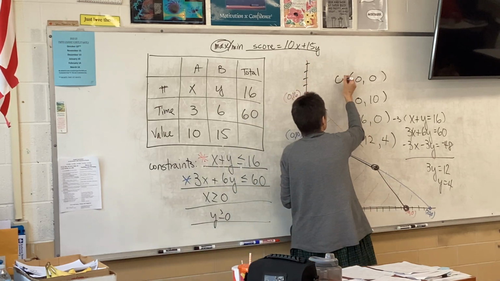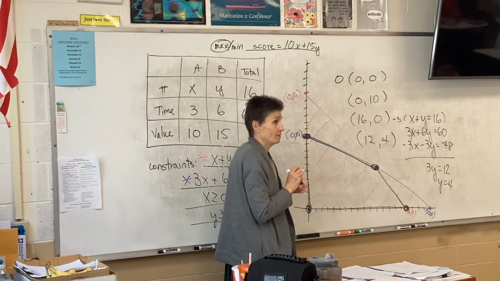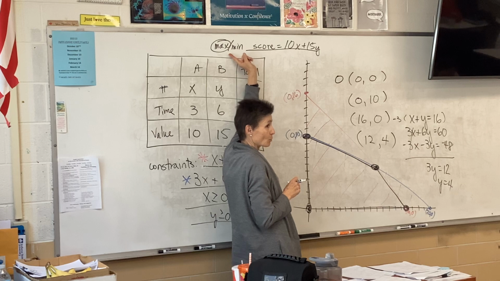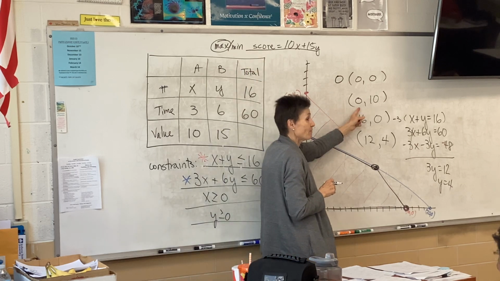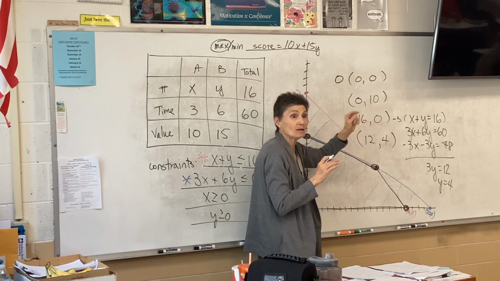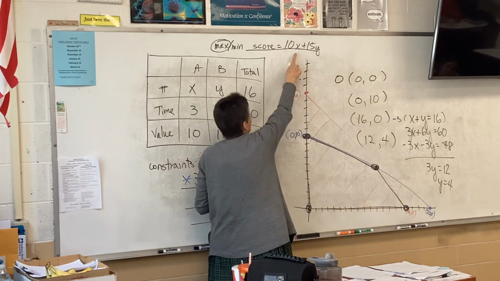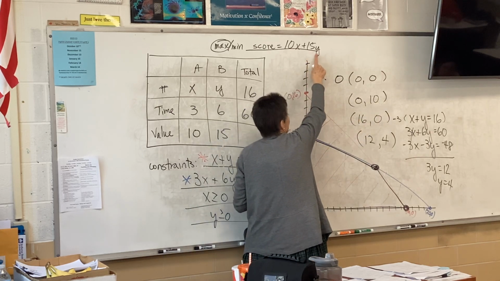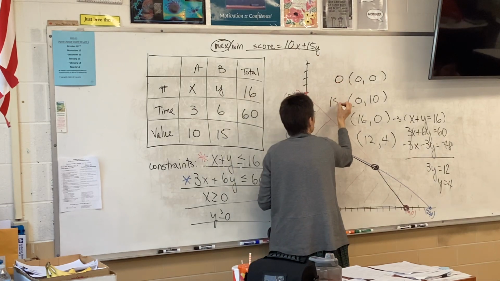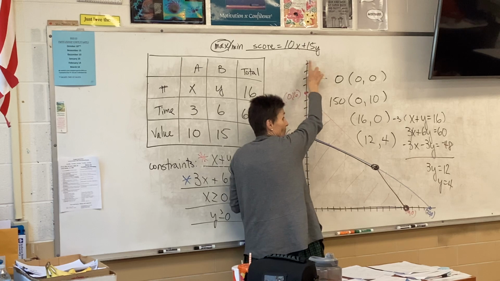So that is actually my minimum score. My minimum score is a 0. I want my maximum score, okay? So what if I do no X's, but 10 Y's? What will be my score? 150. I'm just plugging it in, kids, right there.